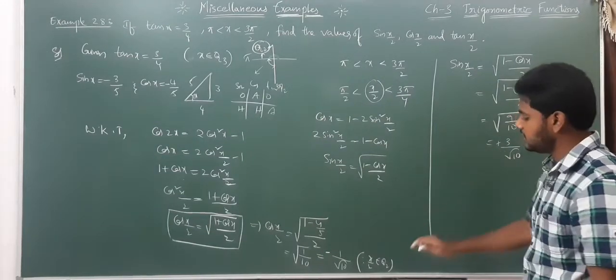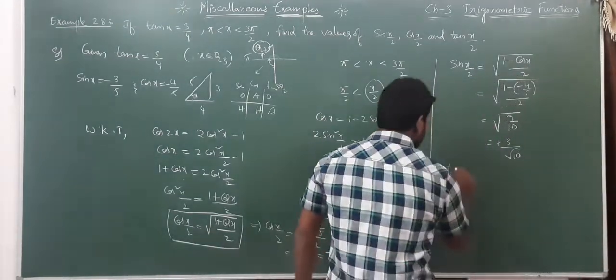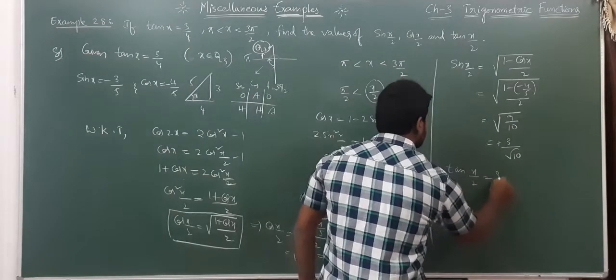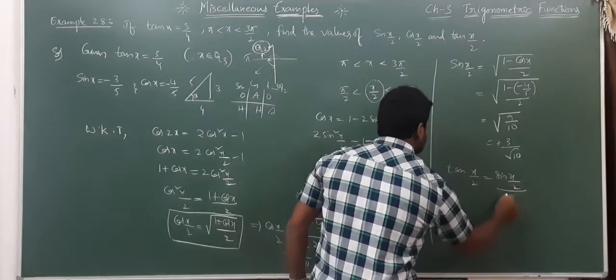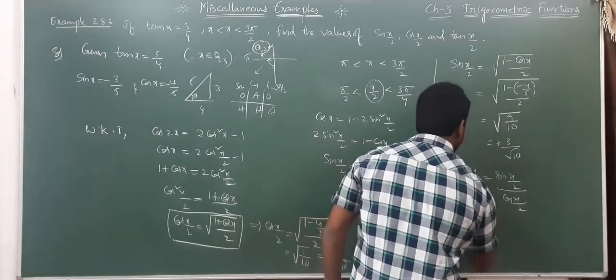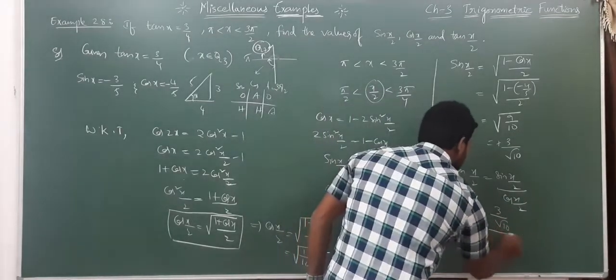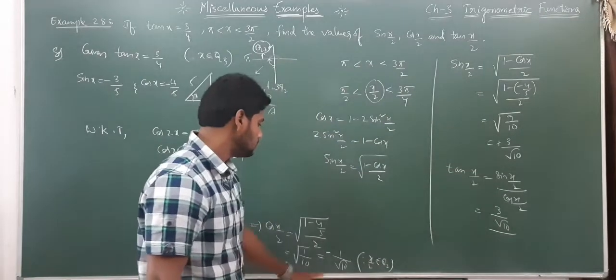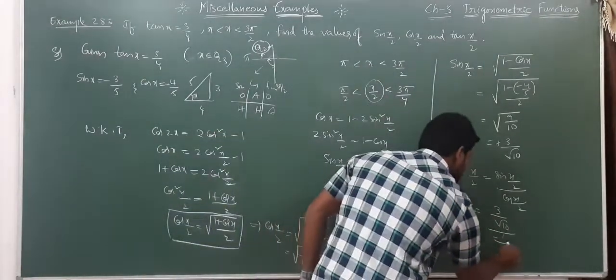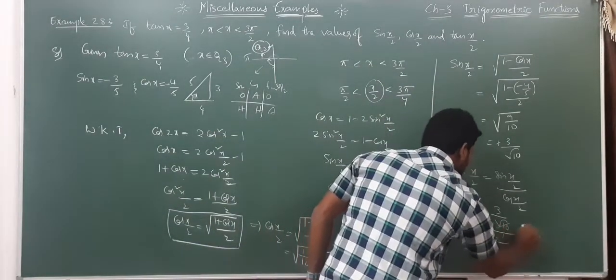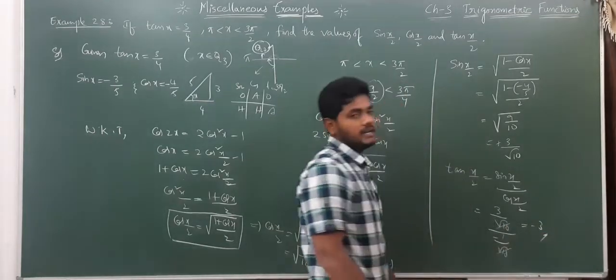This is the value of sin x by 2 and this is cos x by 2. So to find tan x by 2, we write sin x by 2 divided by cos x by 2. What is sin x by 2? 3 by root 10 divided by, what is cos x by 2? Minus 1 by root 10. So root 10 cancels, and the value of tan x by 2 is minus 3.